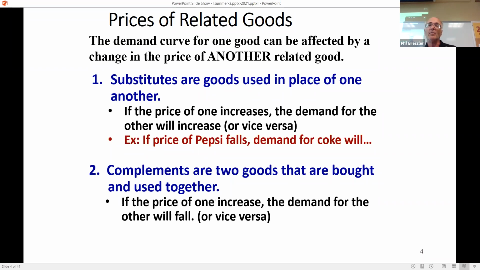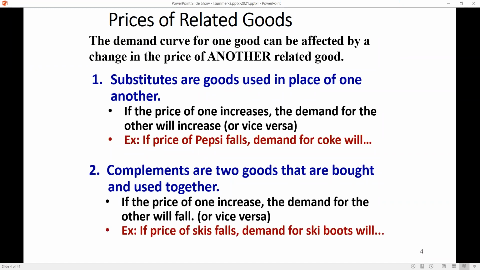All right, so when I gave you the timer and related goods, these are the related goods, substitutes and complements. And for whatever reason, they drive students crazy. Okay. All right, any questions on the shifters or the related goods?